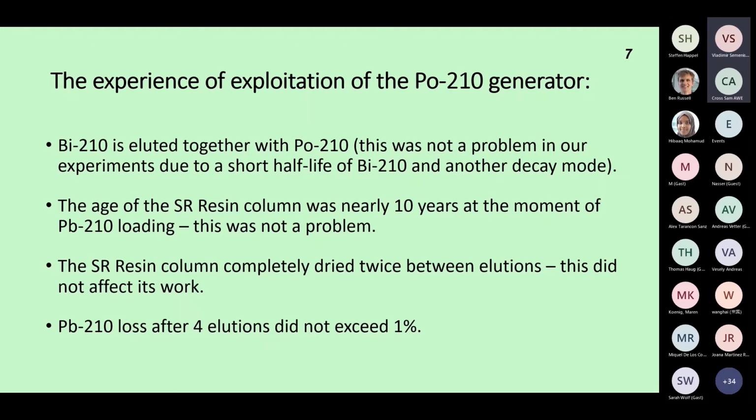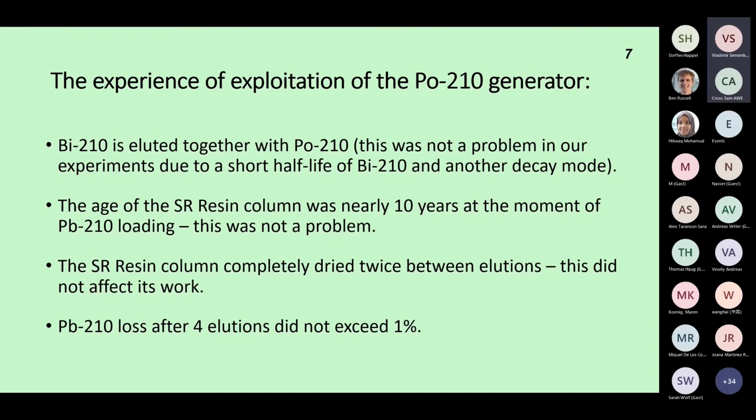The next point is that the age of the strontium resin column was nearly 10 years, and this was not a problem. So we can state that the old age of a strontium resin column is not a problem for lead sorption from complex solutions. The third point is that the column was dried completely twice between elutions, and this also did not affect its work.